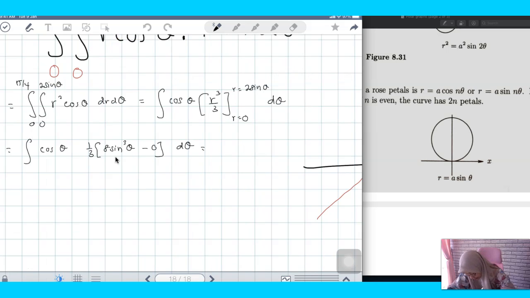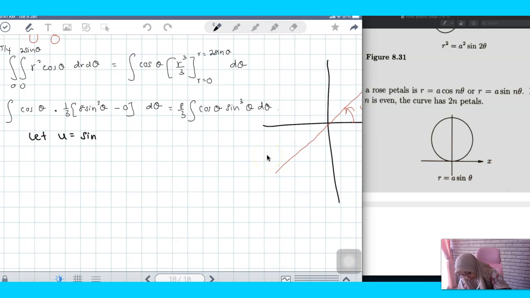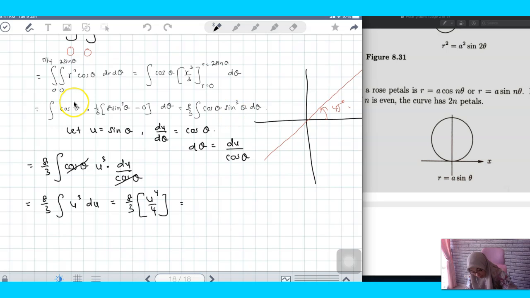The most possible one is using the substitution with sine theta. So now we should have u cubed du, or eliminate the expression so it becomes simpler. Then we have the limit on u, into theta 3 and theta 4.